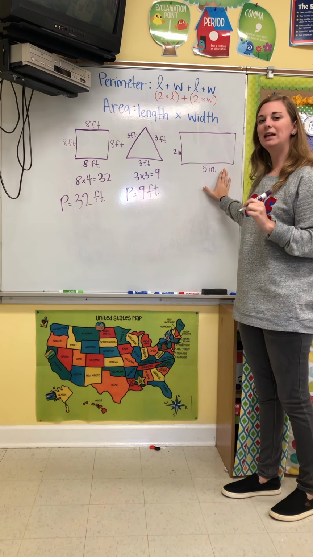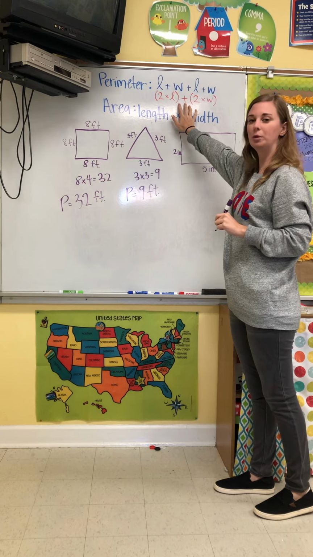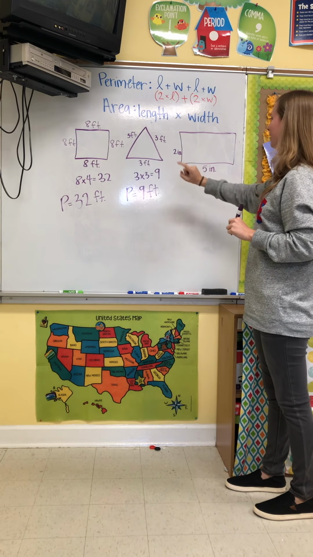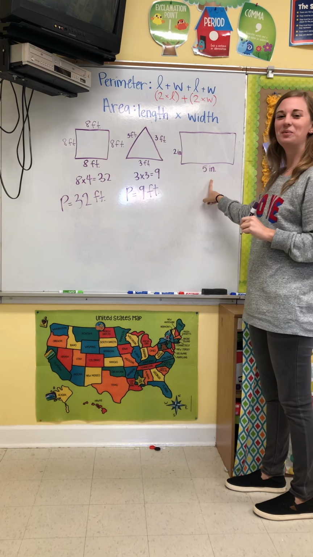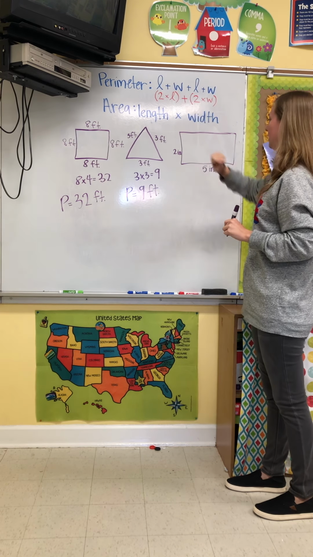The rectangle is going to be a little bit different for finding perimeter. We're going to focus on this formula up top because the length is different than the width, so we're going to have to figure that out a little differently using our formula.